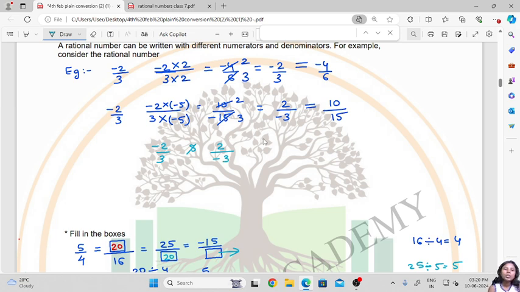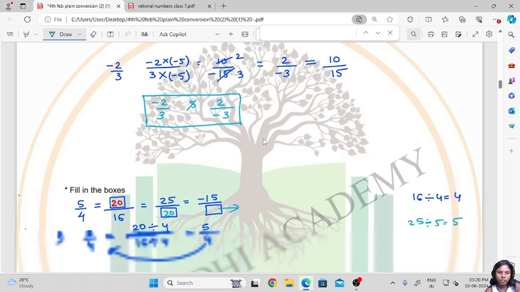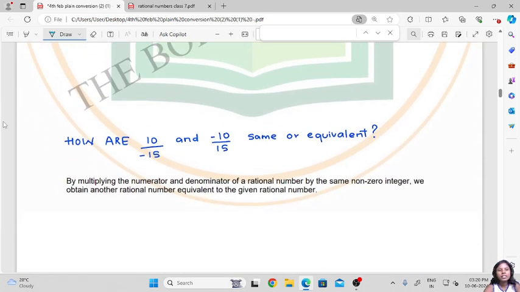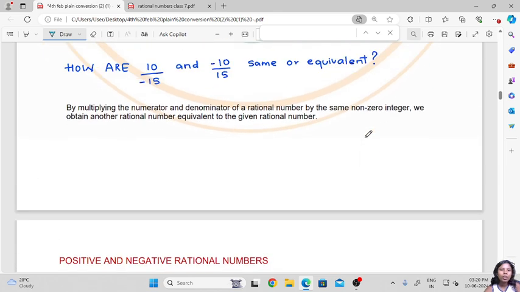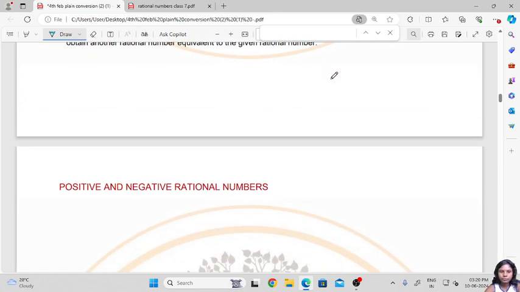Here the negative sign in the first case is for the numerator, and in the second it is for the denominator. So the next question we need to ask ourselves is: we have 10 by minus 15 and minus 10 by 15, are they the same or equivalent?